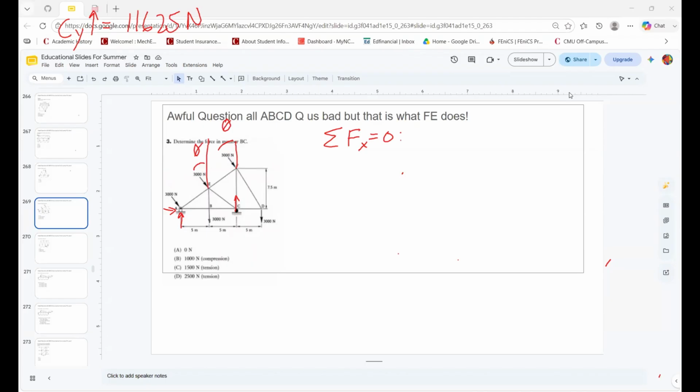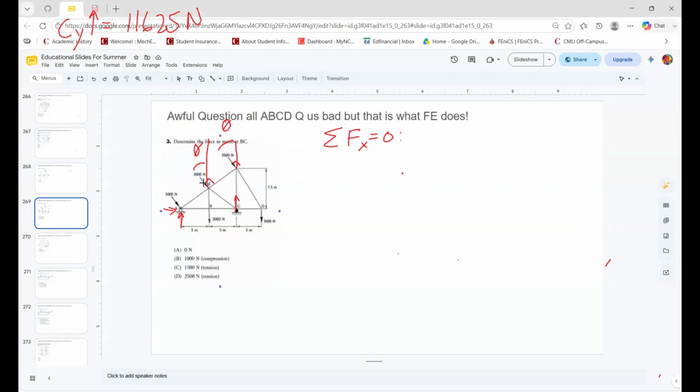No, I just realized this question is badly designed, because I know for a fact this is 90 degrees, but there's no indication of it being 90. So you have to guess. Let's fix that, because there's no way an FE question would do this to me in real life.